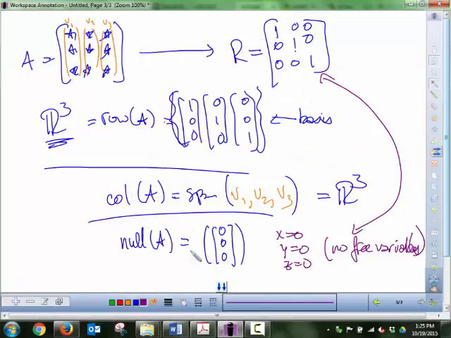Our null space is a 0-dimensional subspace because the only vector is a 0 vector. That's the only vector that would give you a 0 for your output. Okay? That's your null space. Any questions?